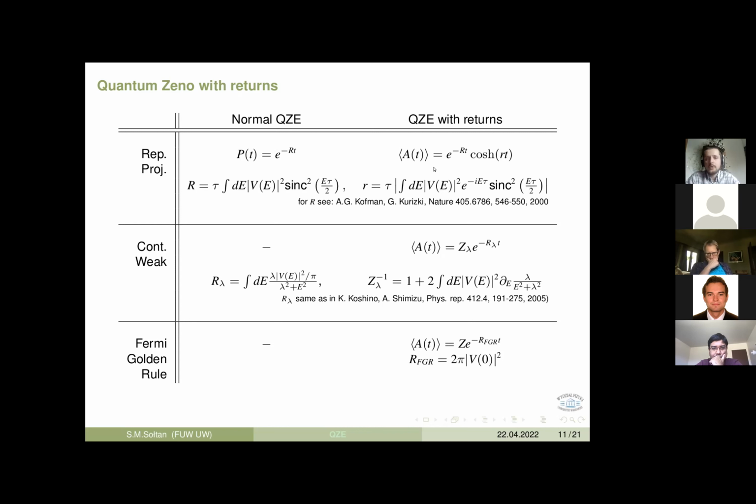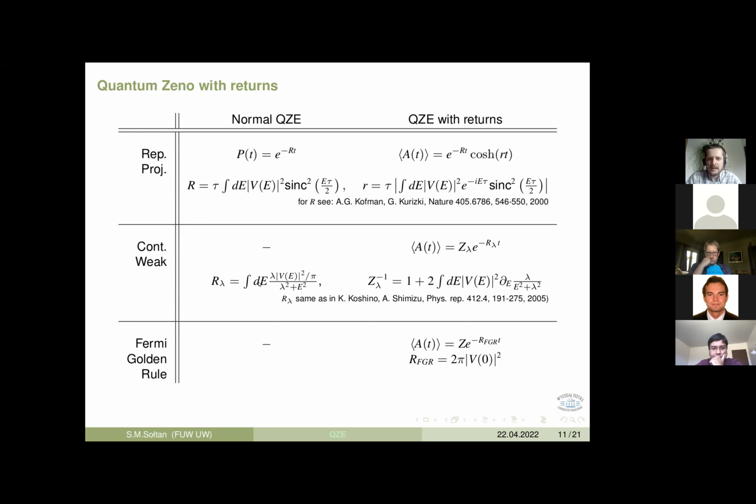With that settled, we could go to the continuous weak measurements and obtain the approximate result. This is the result for long times of the experiment. We obtain that there is some decay rate controlled by the strength of the measurement, and one may notice that it has a similar form to the case of repeated projective measurements.